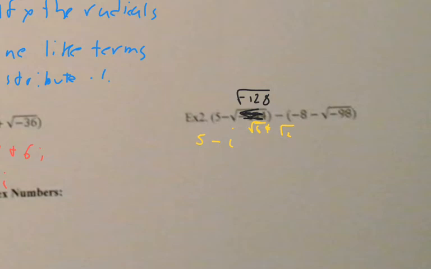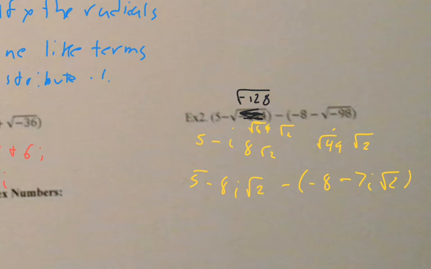So you get 8 here times 8 rad 2. So down here we have 5 minus 8i radical 2. And we're minusing. We have our negative 8 minus rad 98, which comes to rad 49 rad 2. We know radical 49 is 7i rad 2, because it can't be done anymore.